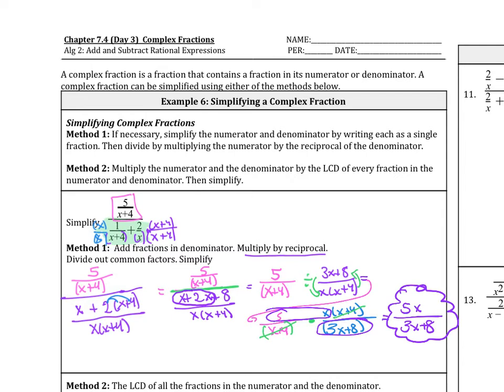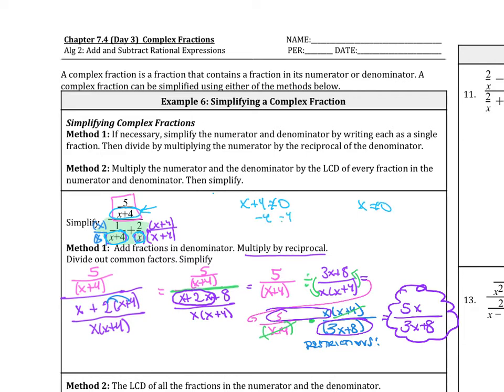Now we do need to take a look at our restrictions. With restrictions, we want to go all the way back to the original problem. Looking at the original problem, notice we have x plus 4 in the denominator here, and we also have x plus 4 and x in the denominator here. So what makes this 0? We can say x plus 4 cannot equal 0, and also this x cannot equal 0.